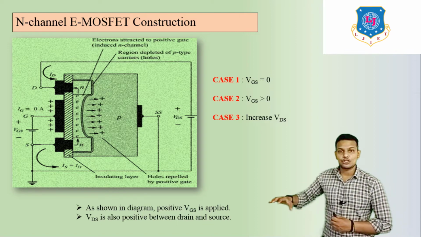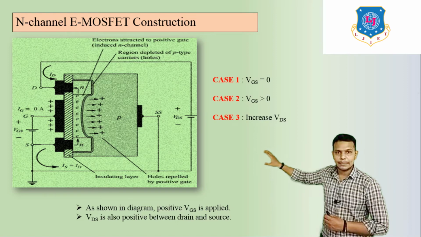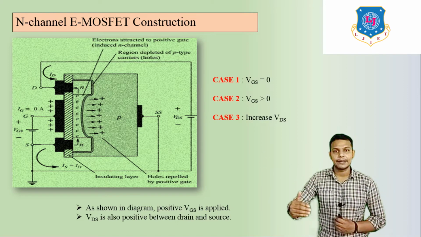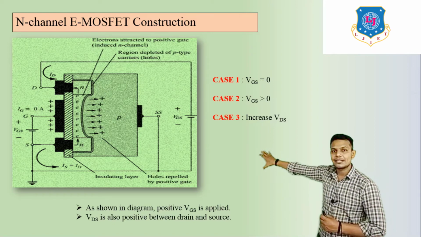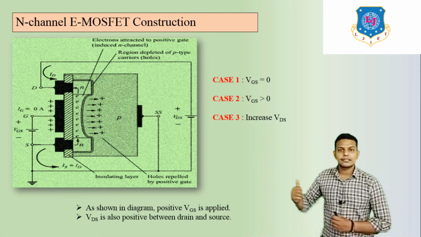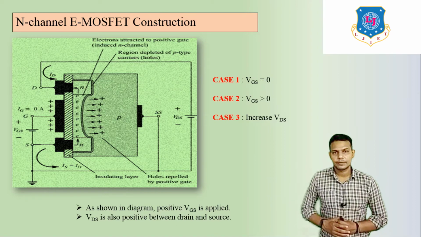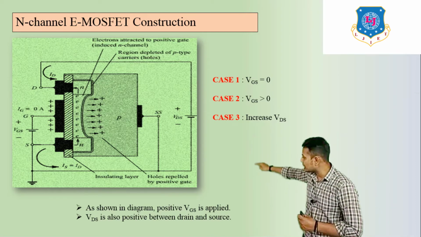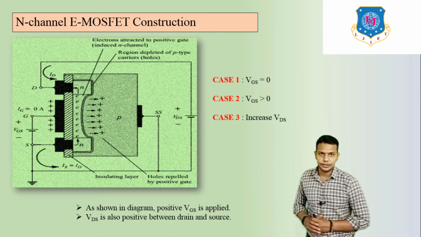The electrons get attracted towards this positive polarity. If we increase VGS more and more on the positive side, more charge carriers are attracted towards this side, so a channel is generated, as we can see in this figure, between the drain and source region.